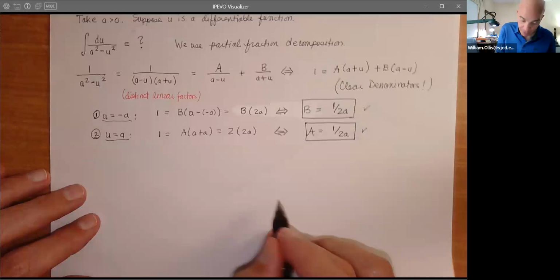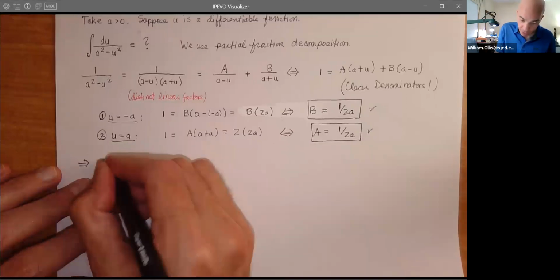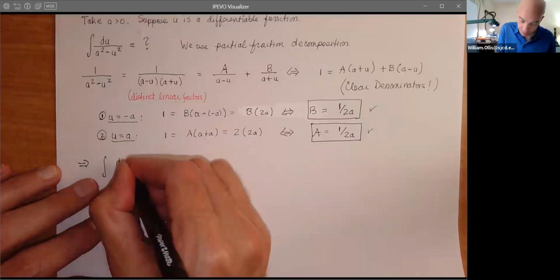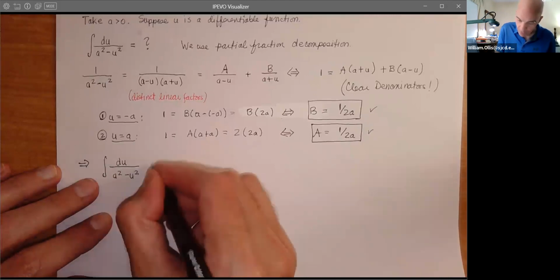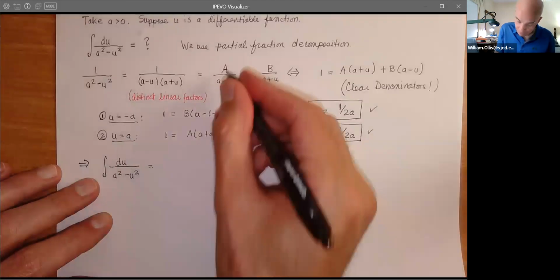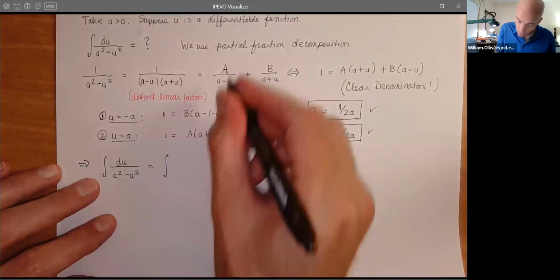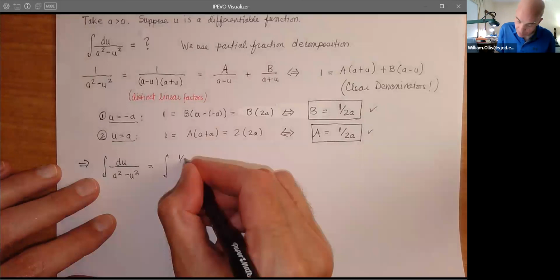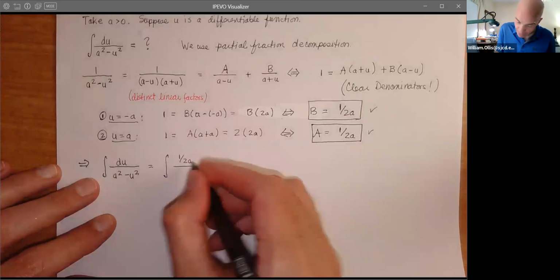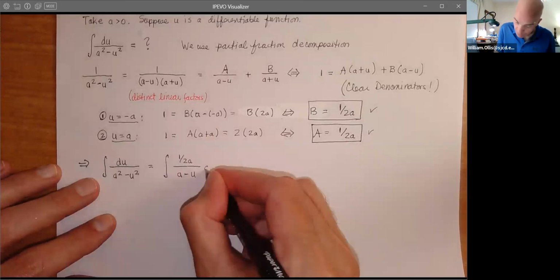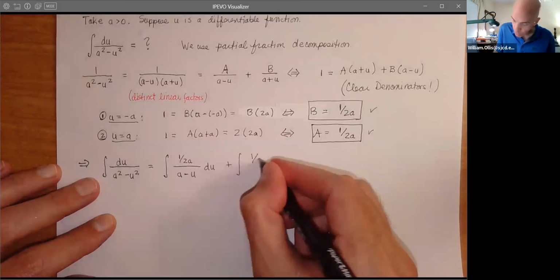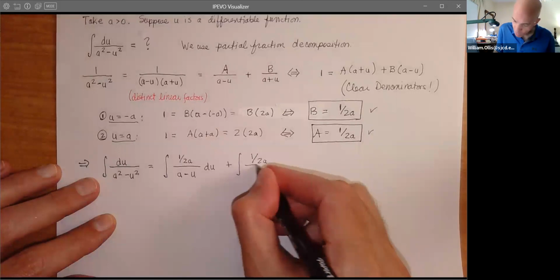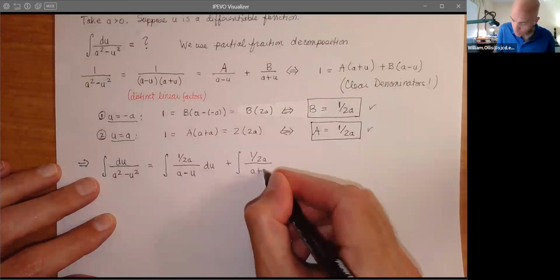So this implies that the integral du over a squared minus u squared, let's just go ahead and fill it in. We have 1/2a times du over a minus u, plus 1/2a times du over a plus u. The mathematics always tells us what to do, that's for sure.